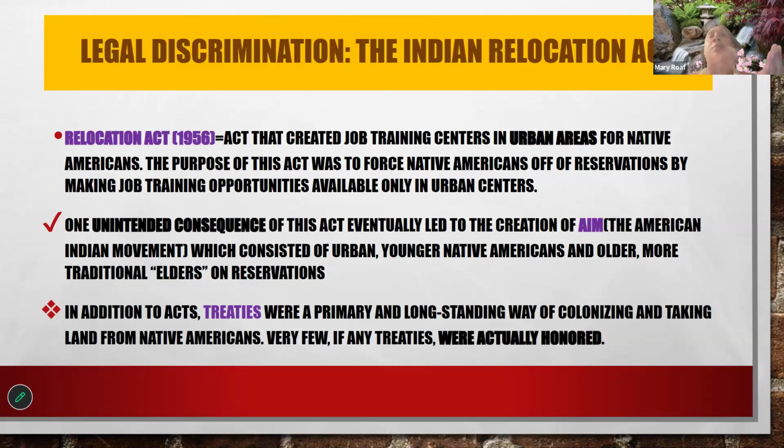They were forced to cut their hair, forced to wear Western garb, forced to not speak their language, forced to not practice their traditions and their religions, and they were beaten, they were sexually abused, and mass graves have been uncovered, not even that long ago, especially in the 21st century, in these places.